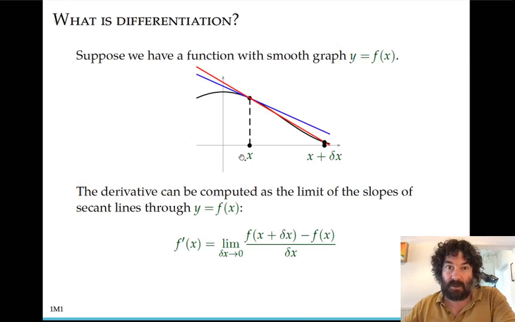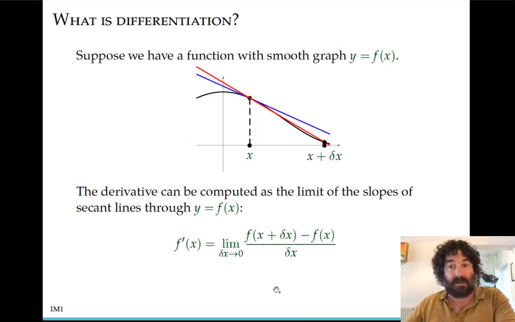This is the amount the line goes down, in this case f of x plus delta x minus f of x, divided by the amount that it goes over horizontally. We call that the rise over the run oftentimes. And so this is the slope of that secant line for this given delta x.